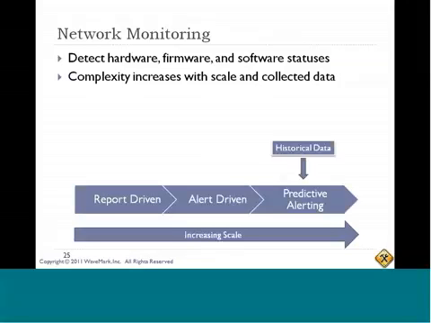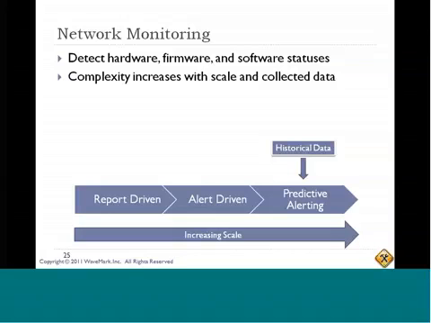Early on, monitoring could be a report-driven mechanism where one could go to a report, search for data, and find out what's going on. As the network evolves, this must change into an alert-driven mechanism where some automated system goes through messages, throws away all the ones that are not relevant, and then only alerts on the ones that are relevant.